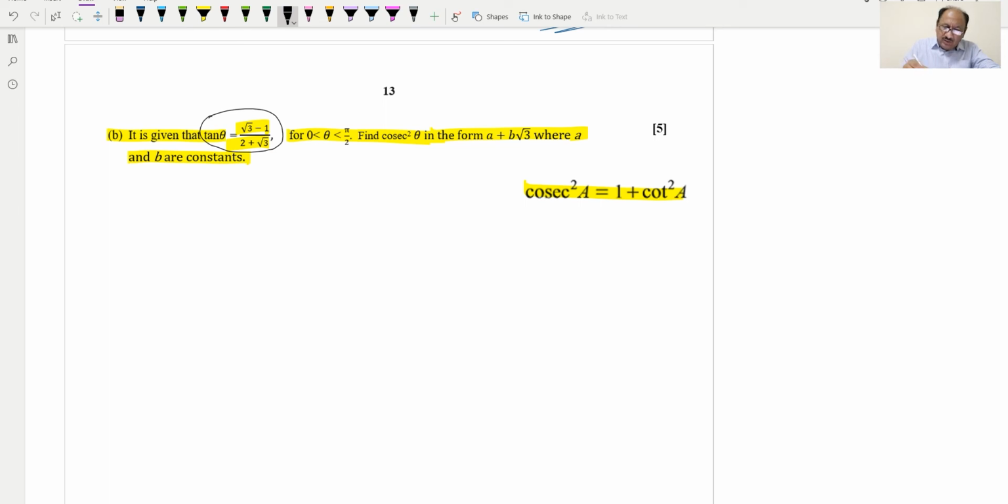So we are looking for basically cosecant theta, we require. First we will form cotangent theta, cotangent square theta, in this format. First we will write cotangent theta will be equal to the reciprocal of this given value, which is root 3.